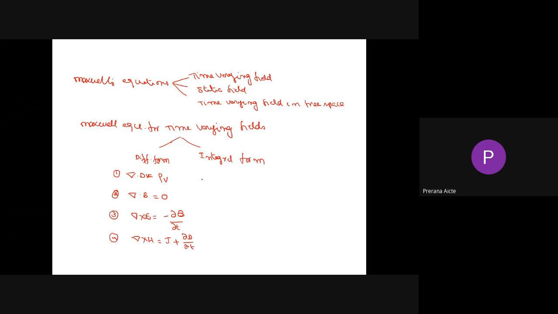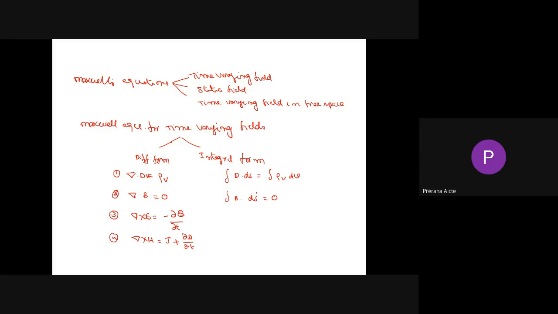Whereas the corresponding integral forms are: integral of D dot dS is equal to integral of rho V dV. The second, integral of B dot dS is equal to 0.